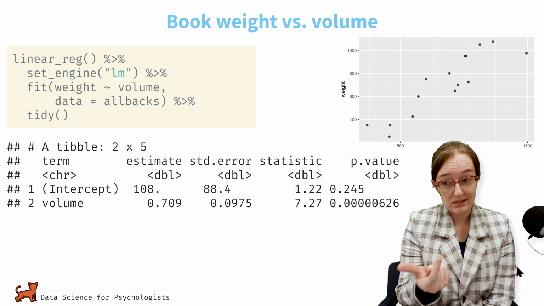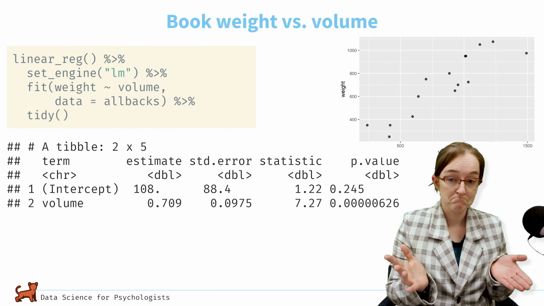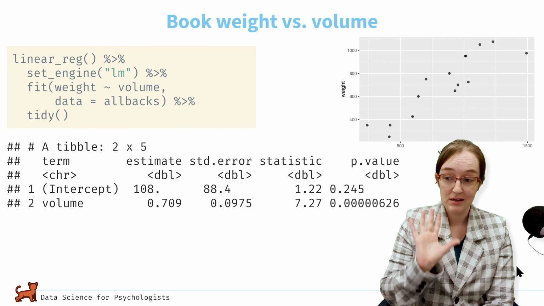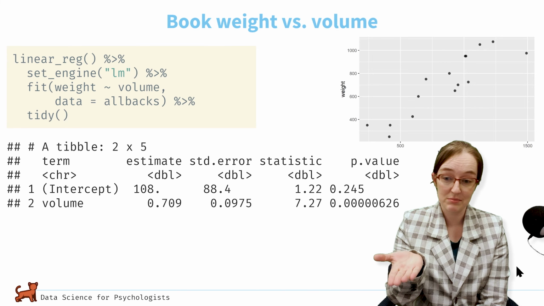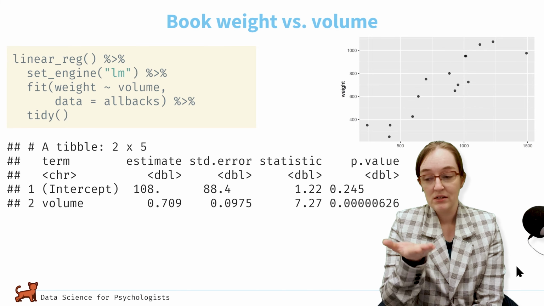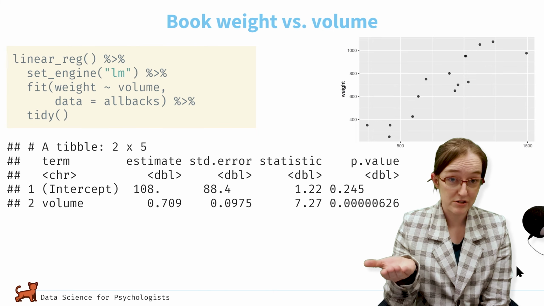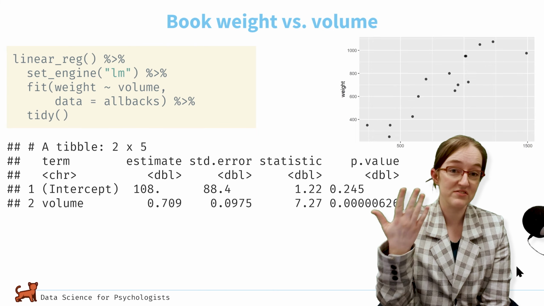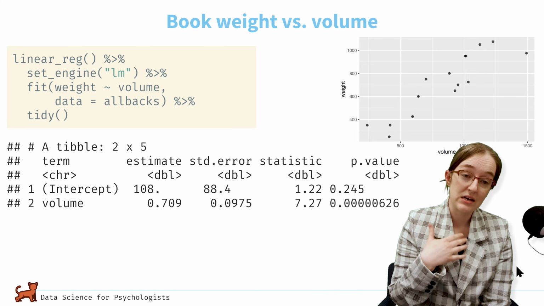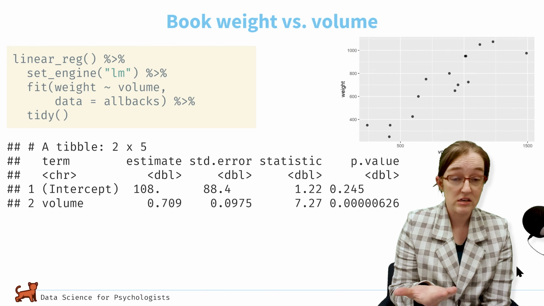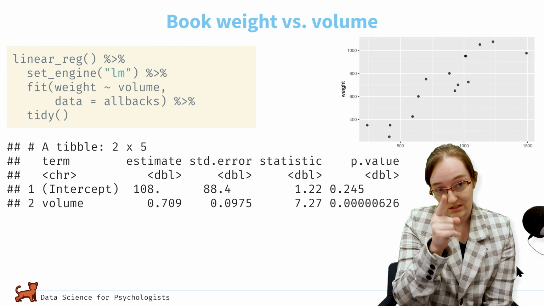We're using the data allbacks. Then we're going to tidy it all up. That is exactly what is happening in the code. We can see we have a nice plot, and a nice tibble that spits out enough information to get us started with regression, at least from a descriptive standpoint. Whether this model adequately explains our data, or if it's better than an intercept-only model, I'll leave as an exercise to the reader.